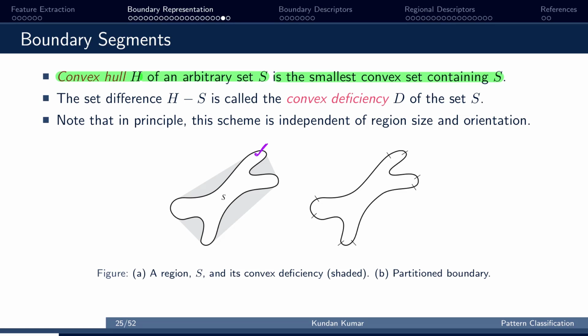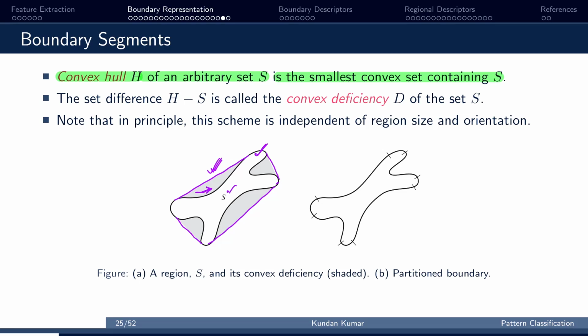We will find the concave surfaces, like this is the concave surface. So we will fill all the concave surfaces on this boundary. In this way we will fill all concave surfaces on this set S. Whatever the shape, whatever the set we obtain, that set is basically the convex hull.